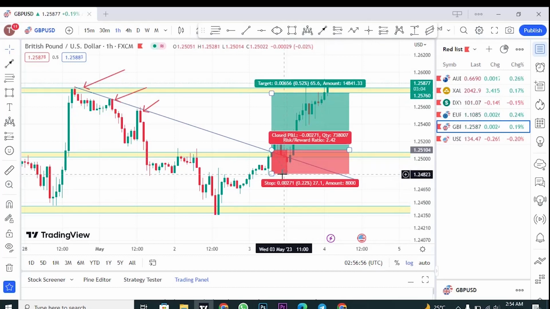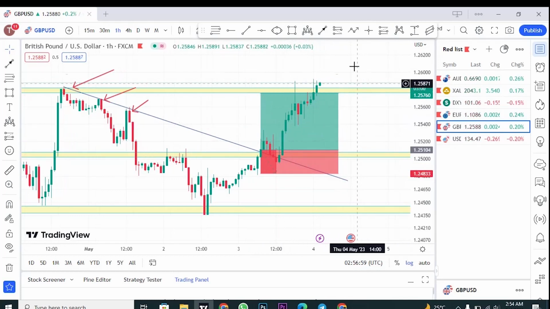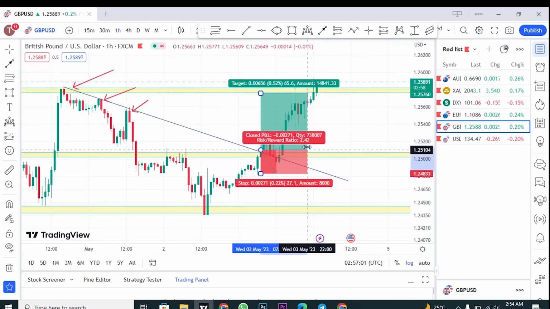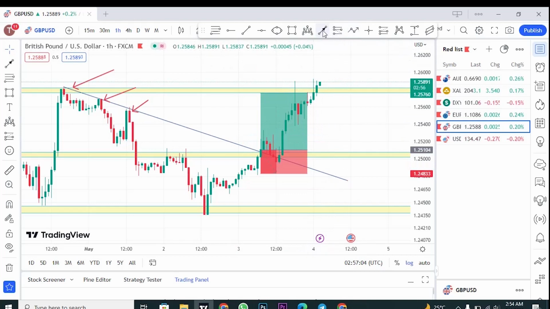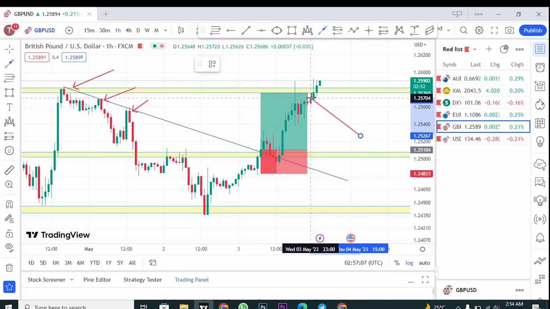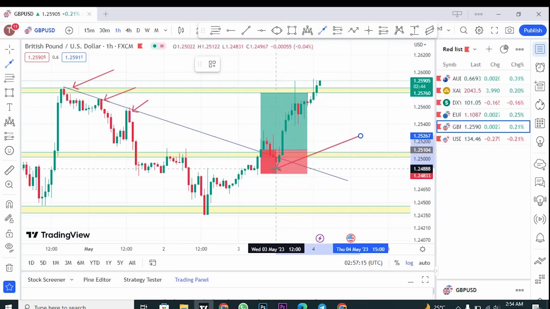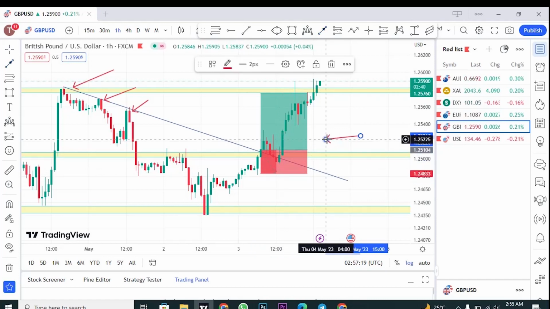After price hit my stop loss, you can see this impulsive movement all the way to the upside. Look at this movement all the way to my TP. This is really crazy. Big impulsive move to the upside after it hit my stop loss.